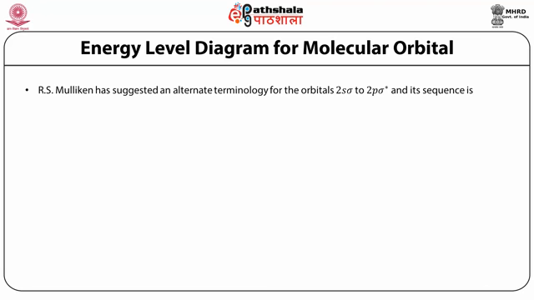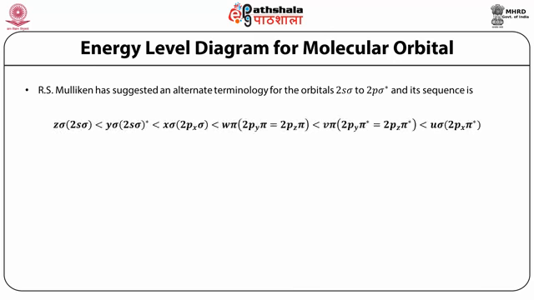R.S. Mulliken has suggested an alternative terminology for the orbitals, from 2s sigma to 2p sigma star, and its sequence is z sigma 2s sigma less than y sigma 2s sigma star less than x sigma 2p sigma less than w pi 2py pi equal to 2pz pi less than v pi 2py pi star equal to 2pz pi star less than u sigma 2px sigma star.